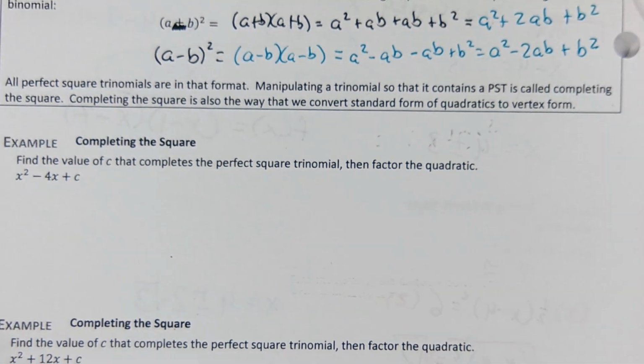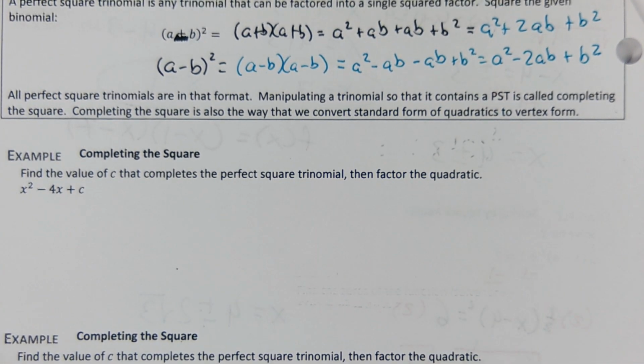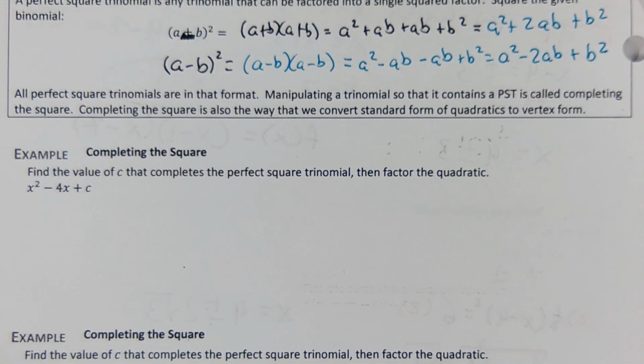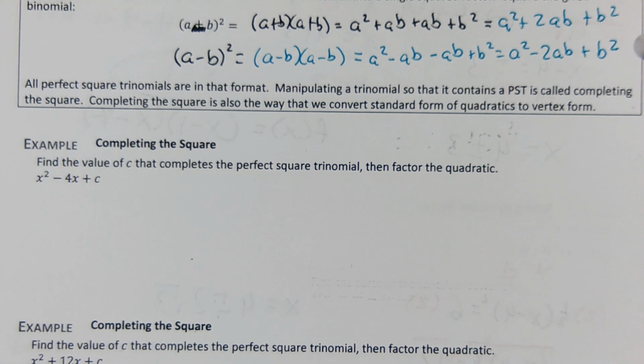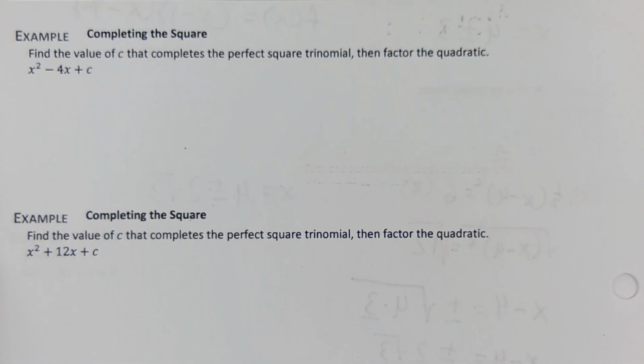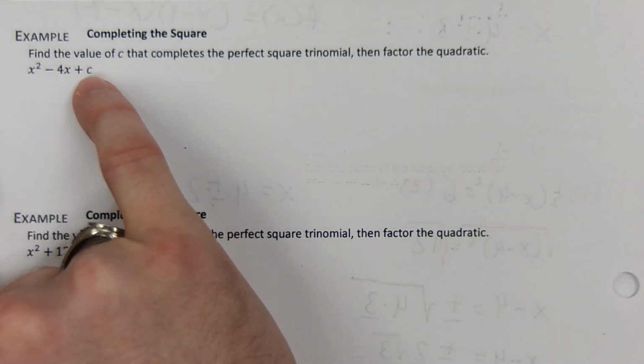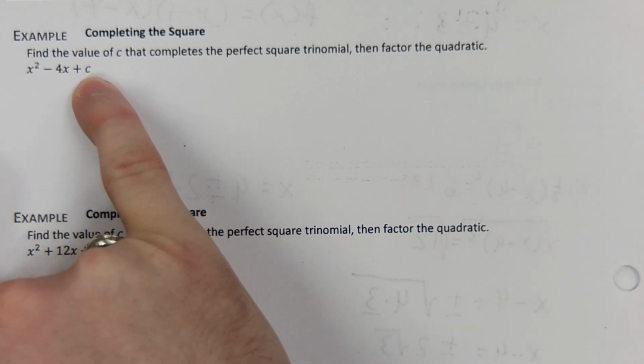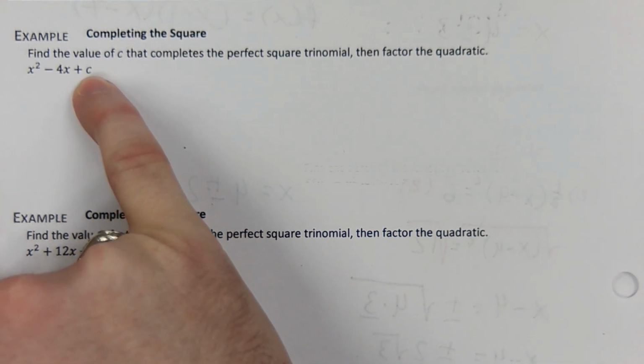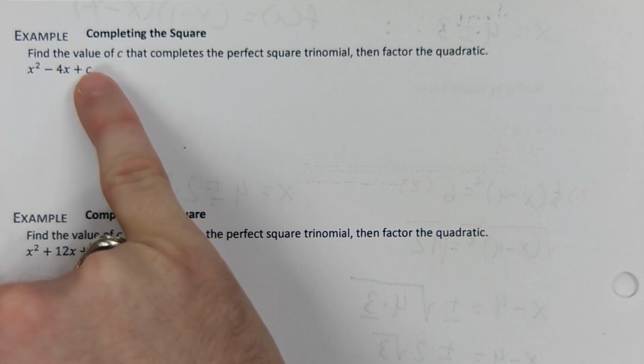And completing the square is the way that we can turn standard form into vertex form without graphing. In order to do that, though, you need to have the skills of being able to find, again, what I like to call magic C. This C value is a very specific number.